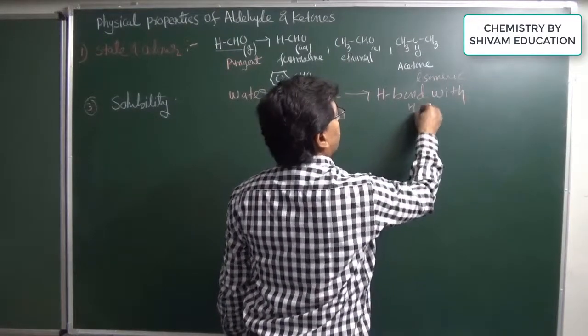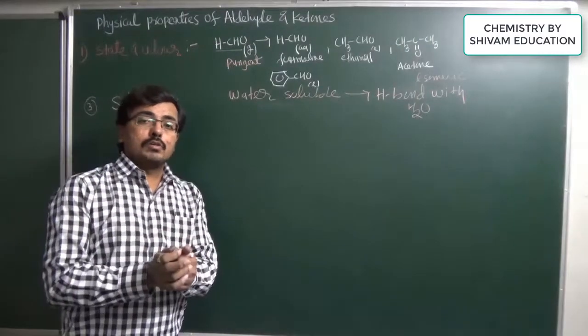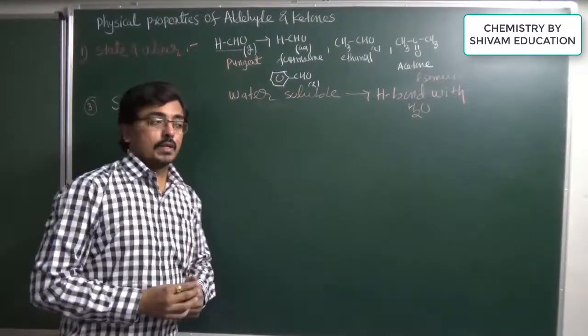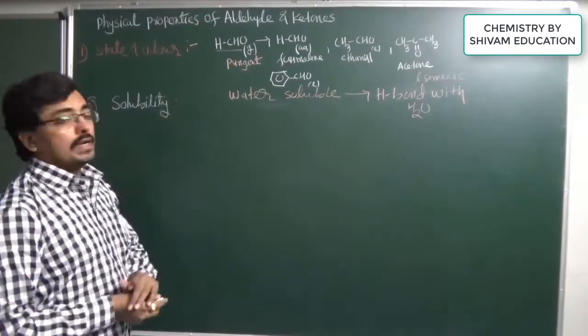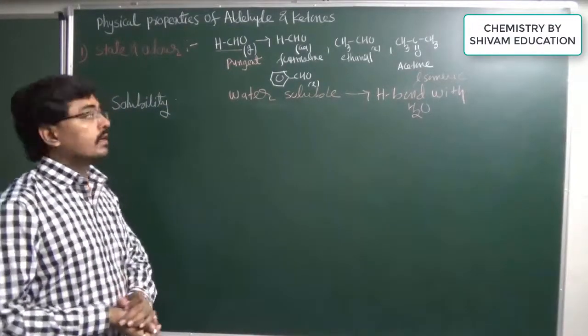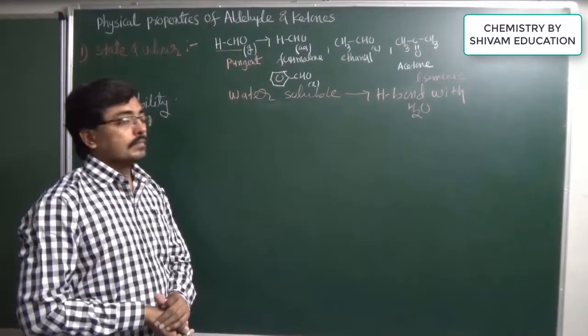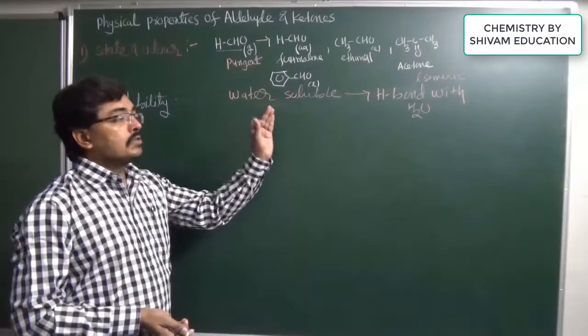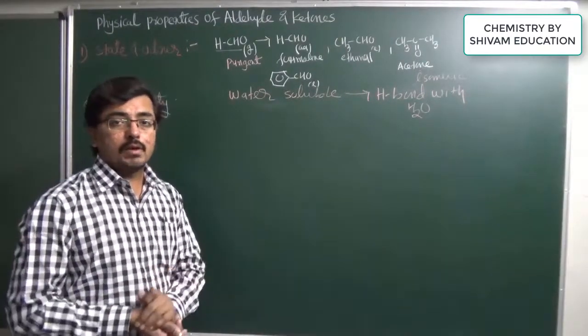So aldehyde and ketone in aqueous solution form hydrogen bonds with water molecules, and because of this, lower molecular mass aldehydes like formaldehyde are very easily soluble in water, and as we have just discussed, its aqueous solution is known as formalin. Similarly, acetaldehyde is also soluble in water, and acetone is very easily soluble in water.